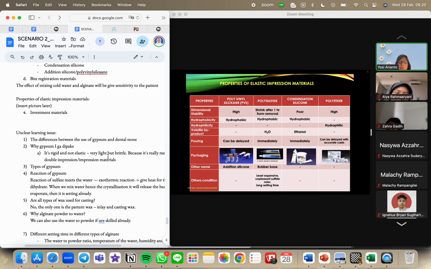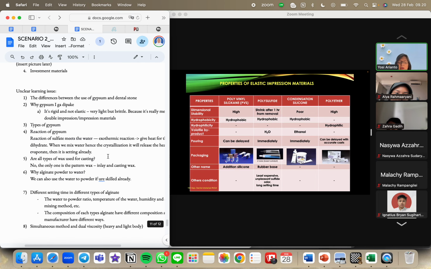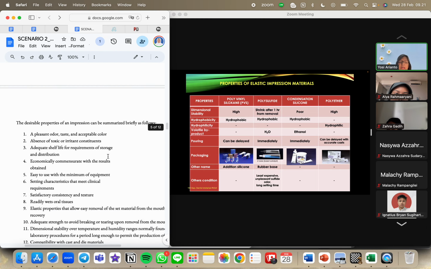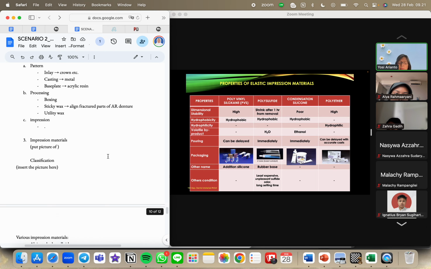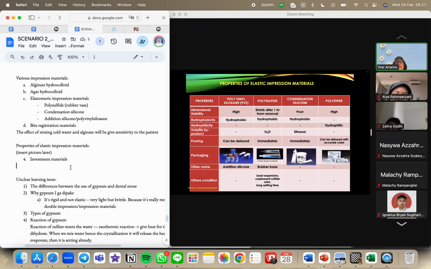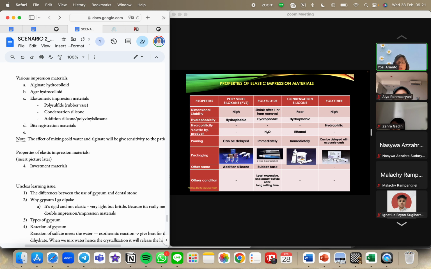If you make the impression, after you remove it from the mouth, you have to immediately pour the gypsum so that it will have the most accurate condition of the tooth. If you delay it, then it will shrink, so the accuracy will decrease.